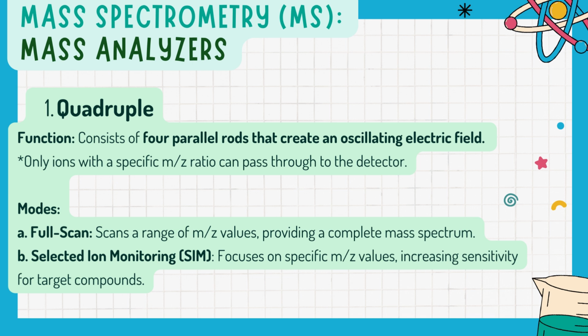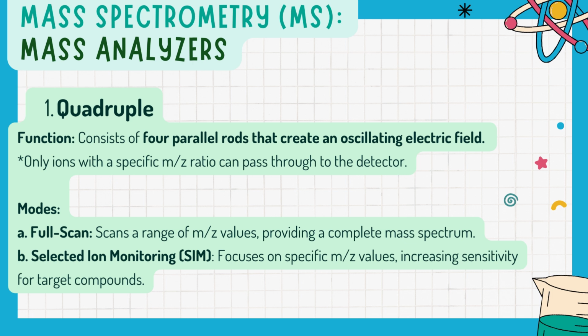And we have two modes: the full scan mode and selected ion monitoring or SIM. If the scanning is within a range of mass to charge values, providing a complete mass spectrum, that's a full scan.